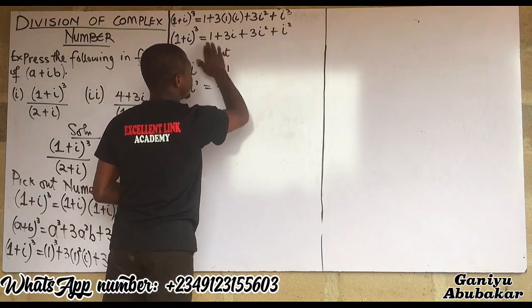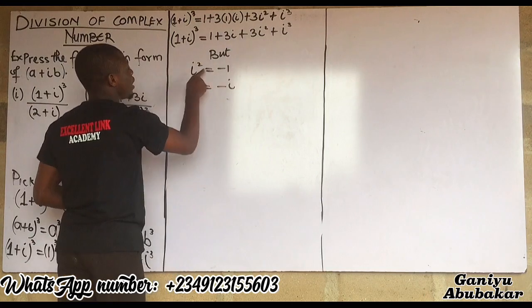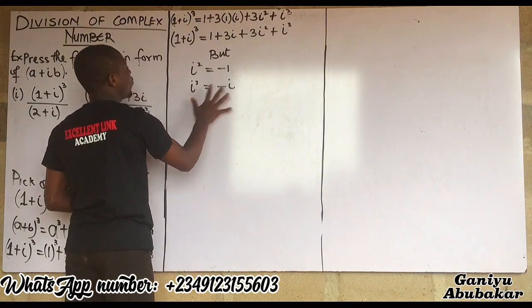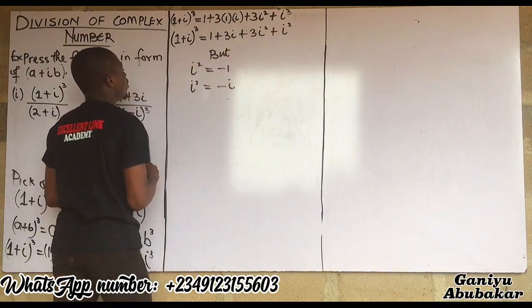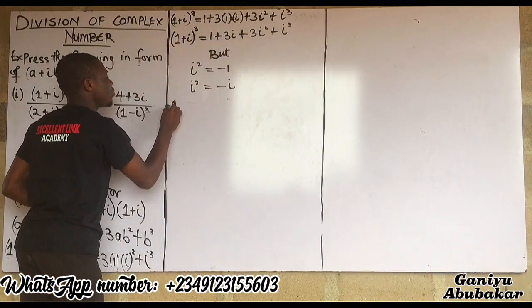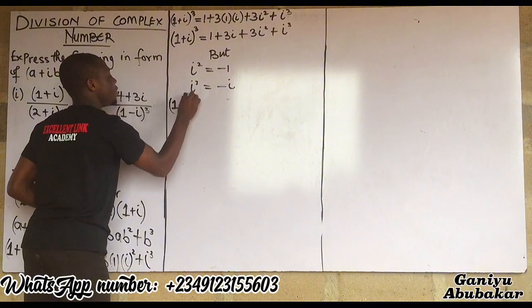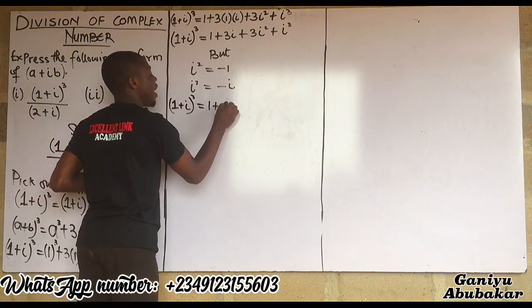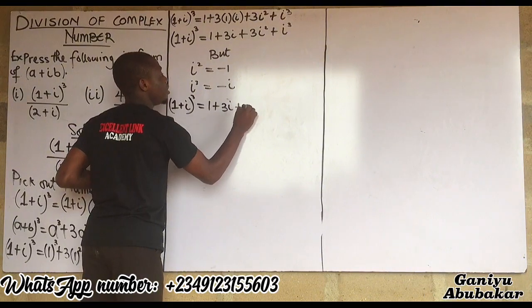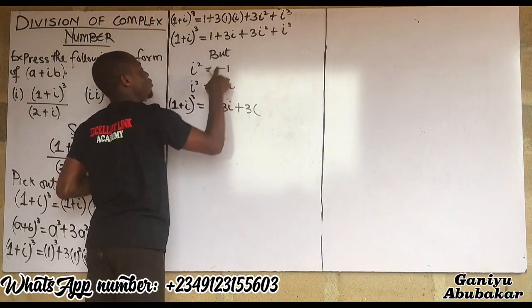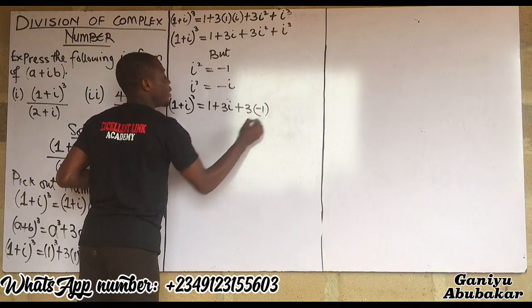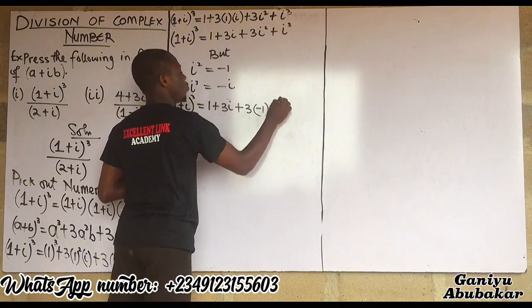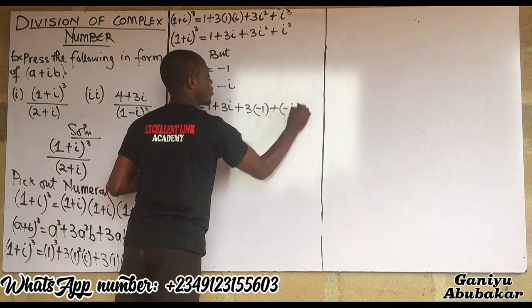I'm done with the expansion now, but I know that i squared is minus 1 and i cubed is minus i. So I'll put the values there. I'll have that (1 + i) to power 3 will be equal to 1 plus 3i, plus 3 into i squared, which we said is minus 1, plus i cubed, which we said is minus i.